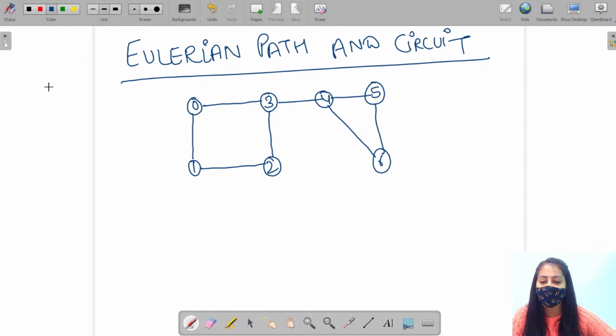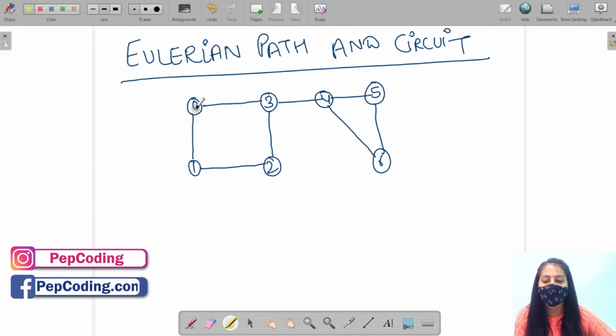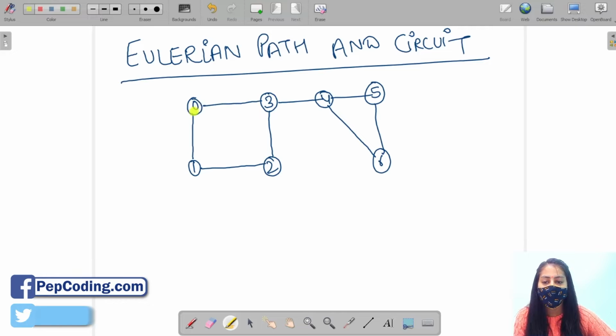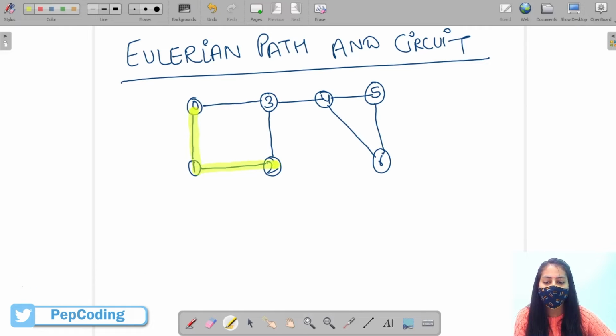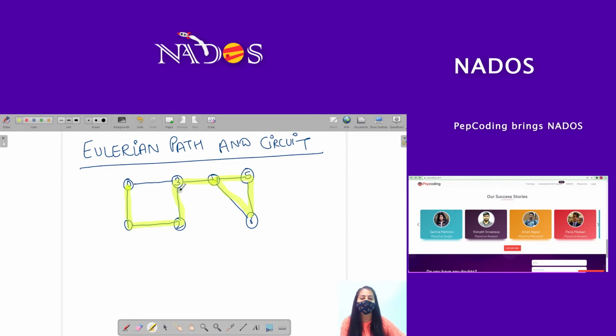An Eulerian path is, if you are able to visit all the edges of this graph exactly once, then you can say that an Eulerian path is present in that graph. For example, starting from a node, if you are able to visit all the edges of this graph exactly once, then you can say that an Eulerian path is present in this graph.